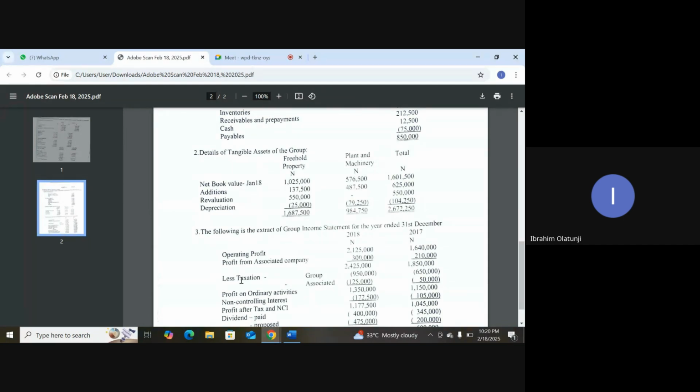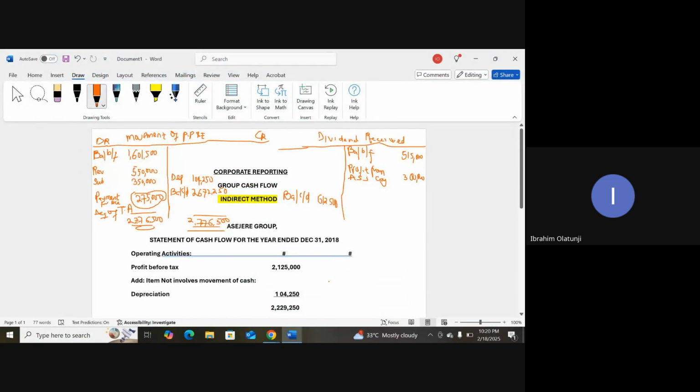Then after that, we go to taxation from associate. You can see there's taxation for associate. How much is that? 125,000.